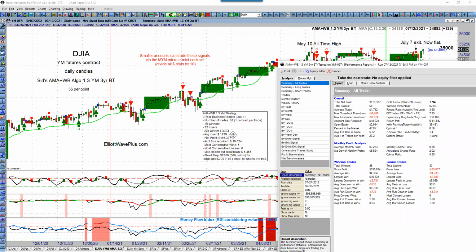It's hard not to get excited about that kind of performance, especially when it comes to the average winner being more than 3 times the average loser. This open profit objective that allows it, if it's a big breakout move, to catch all of that move is the secret sauce.